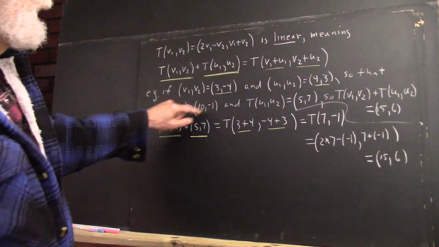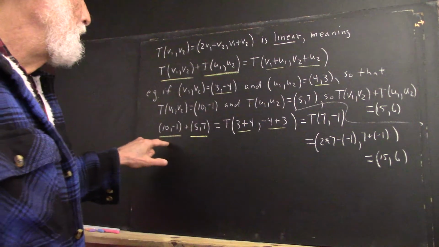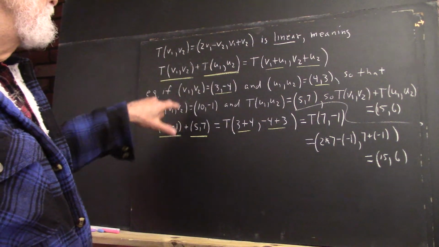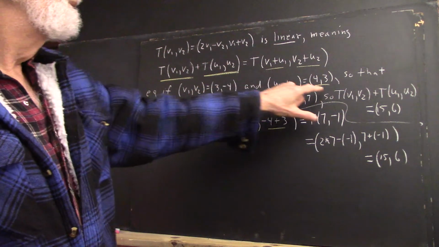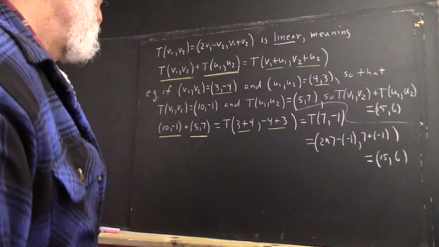Okay, if I add these two vectors, I get this. And now, if I transform the sum of these two vectors, that's exactly what I get. Okay.